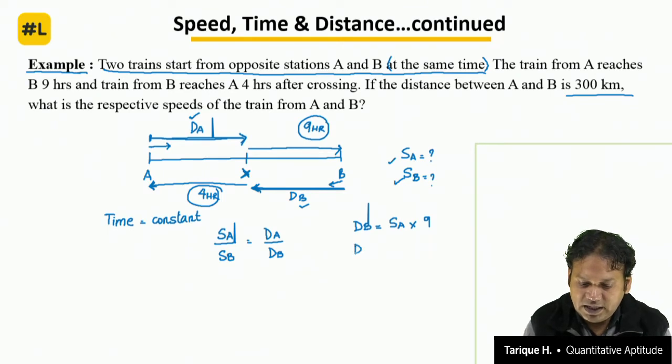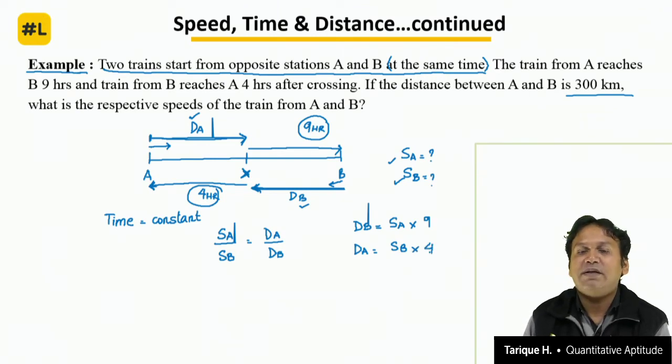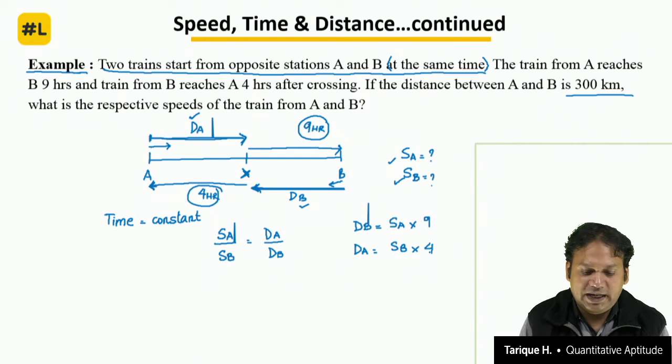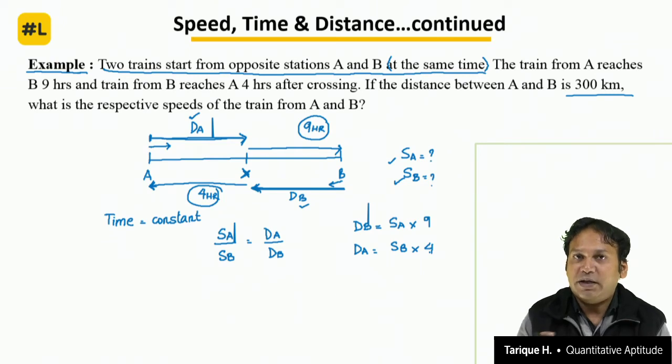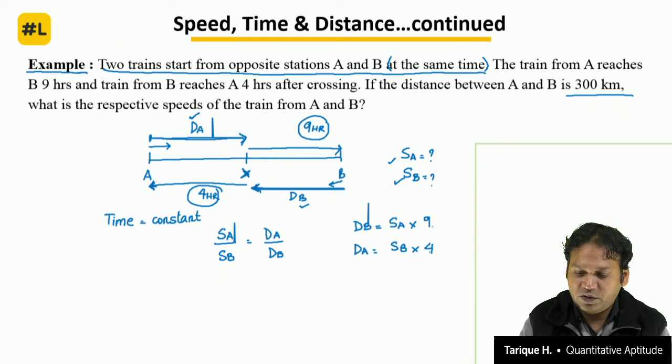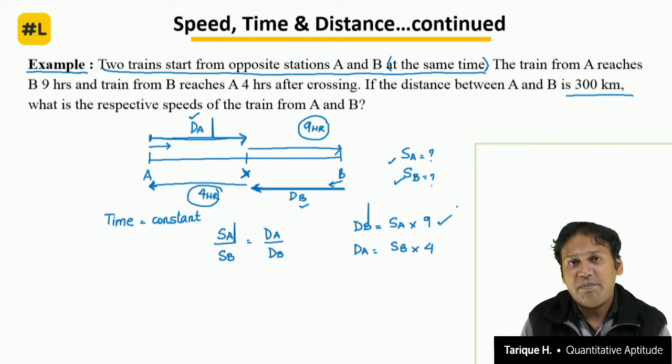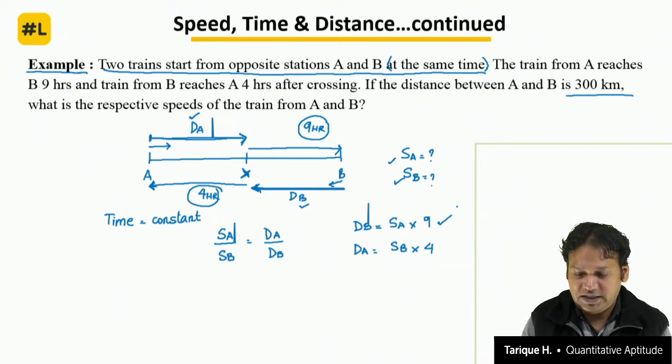So dA is equal to speed of B into 4. Please understand. So let us see again. At the point of meeting, A has covered distance dA and B has covered distance dB. So ratio of speed is equal to ratio of distance, because time is constant. SA by SB is equal to dA by dB. Now the distance dB is covered by A in 9 hours. That is how we get dB is equal to SA into 9, and distance dA is covered by B in 4 hours. This is after meeting, right.